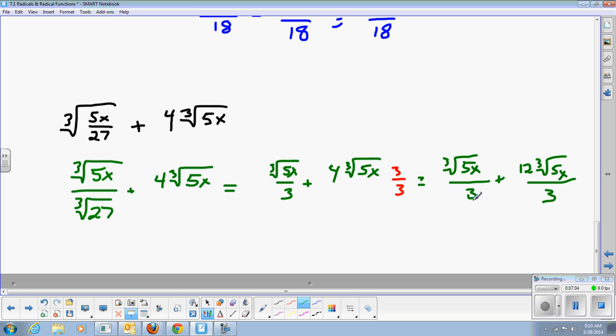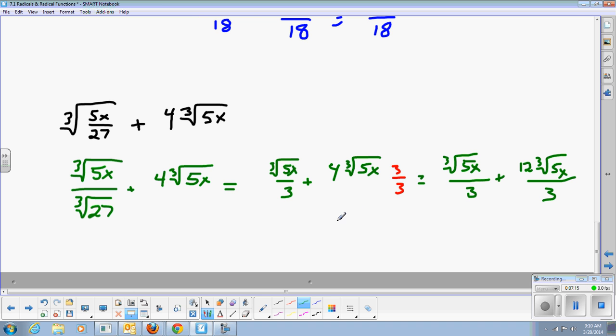And now since I have a common denominator, I can now add the top. So I have a 1 times the cube root of 5x. And I also have a 12 times the cube root of 5x. So the cube root of 5x is a like term. That gives me 13 times the cube root of 5x all over 3. And that's my final answer right there.